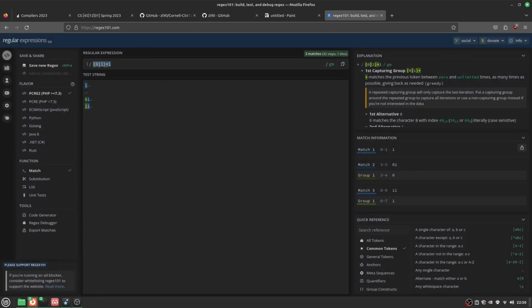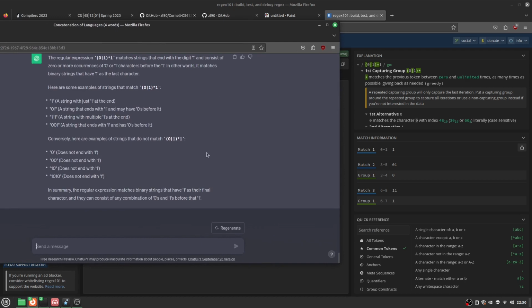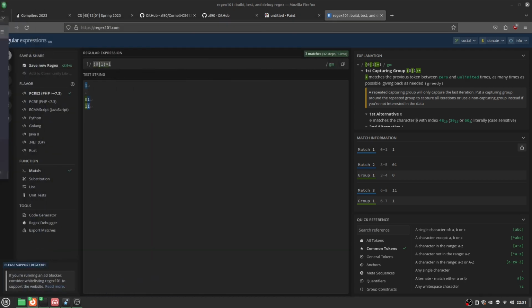Let's ask ChatGPT. Yeah, ChatGPT says that shouldn't match, so why is this saying it does match?